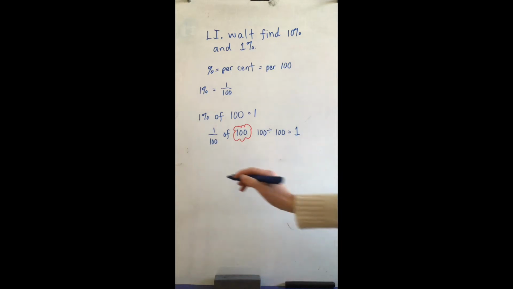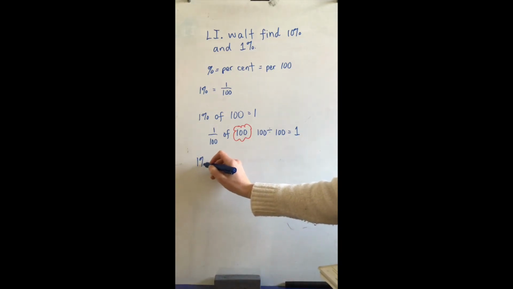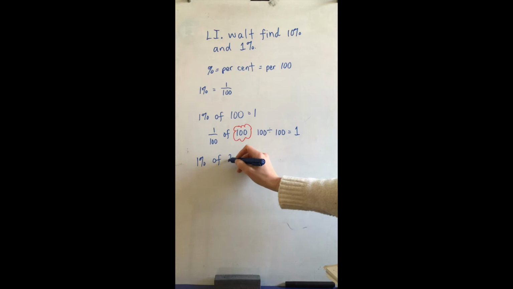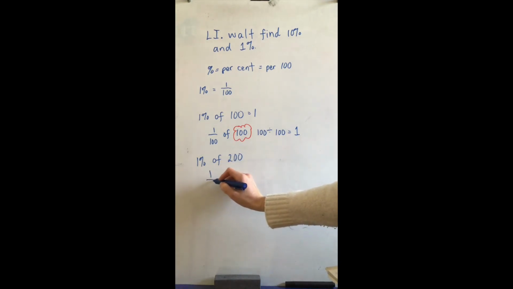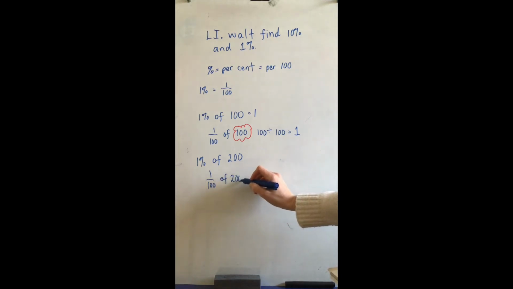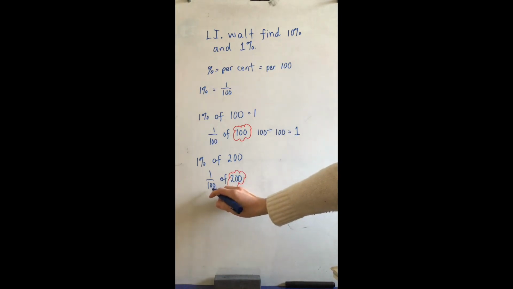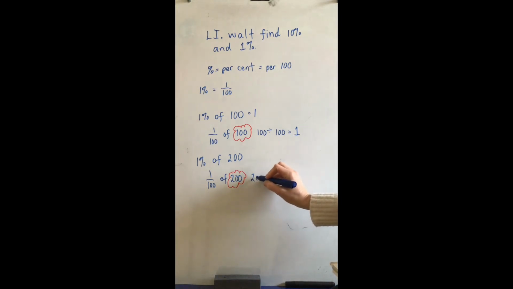If we're trying to find 1% of 200, for example, we need 1 per 100 of 200. So again, we have this 200 and we need to split it into 100 parts. So we'd go 200 divided by 100.